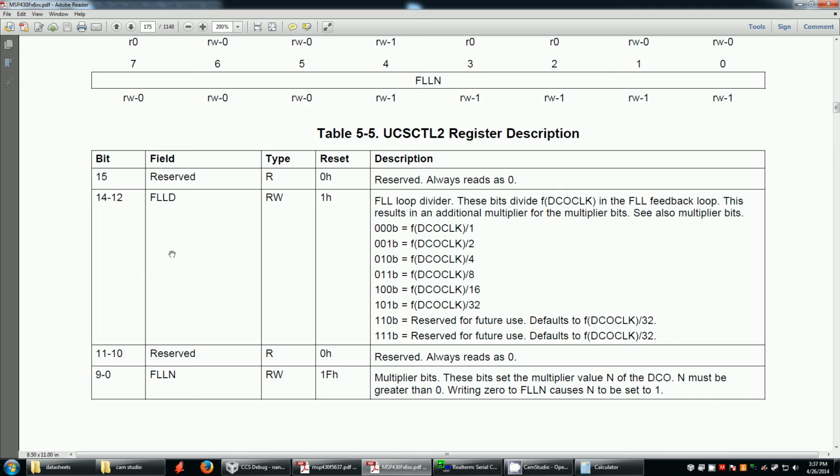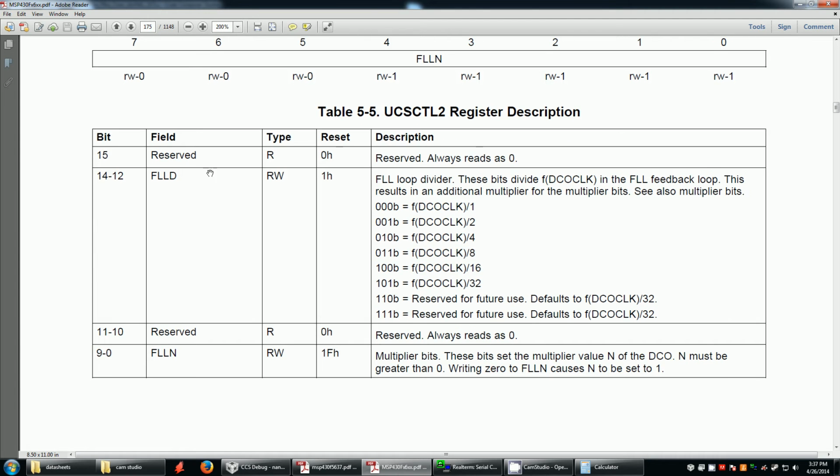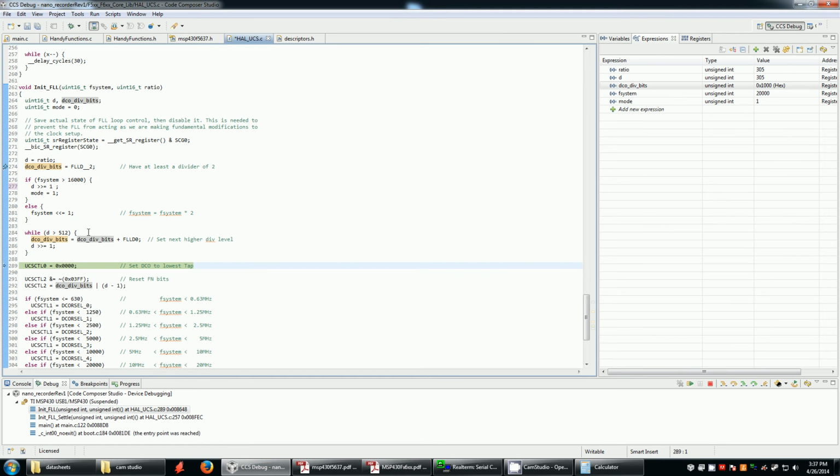And then the FLLD is bits 12, 13, and 14. And so to write to bits 12, 13, and 14, keep in mind this is a 16-bit register. We need to write to this section. And so to write a 001 to this, that means bits 14, 13 are 0, bit 12 is 1. And so this pound define basically sets bit 12 to 1. See, 1, 0, 0, 0.